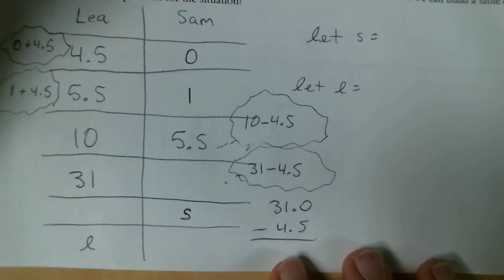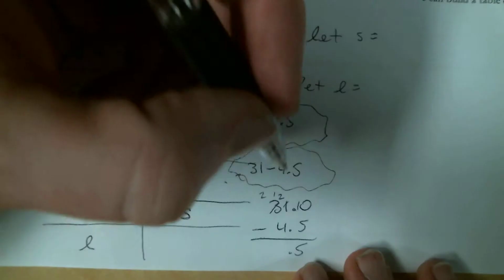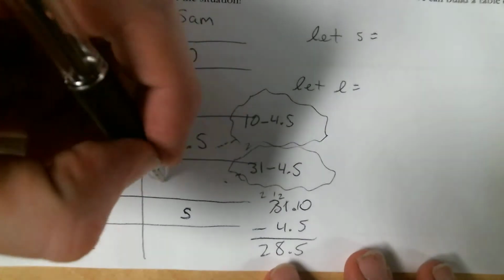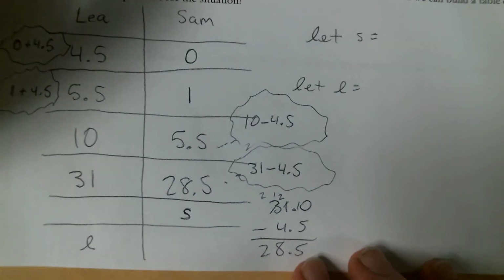And I'm a little off in my math here because I'm not that old. And you might be saying, well, how'd you get that? Well, I can line it up, right? I can line up my decimals and take away 4.5. So I might need to do some regrouping there. Oh my gosh, all this regrouping. 12 take away 4 is 8. So I'm 28.5. So I totally got my math wrong. That is not how old I am.